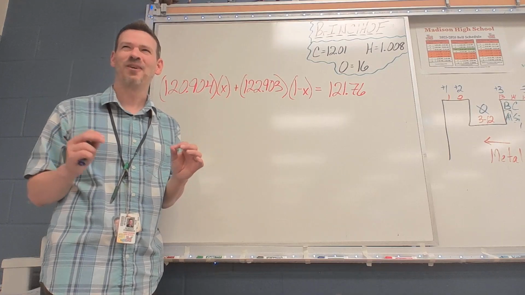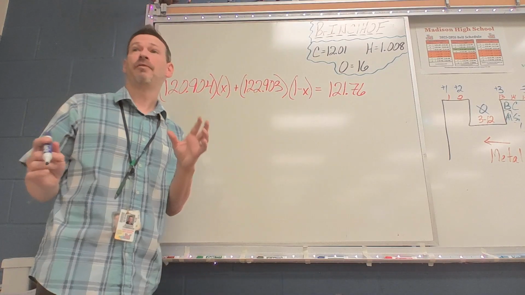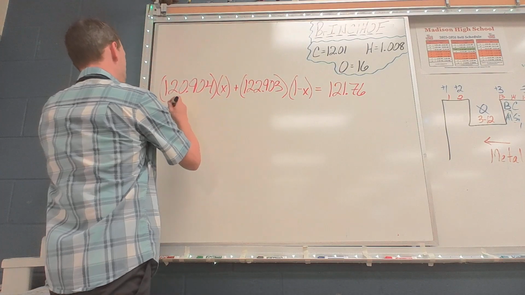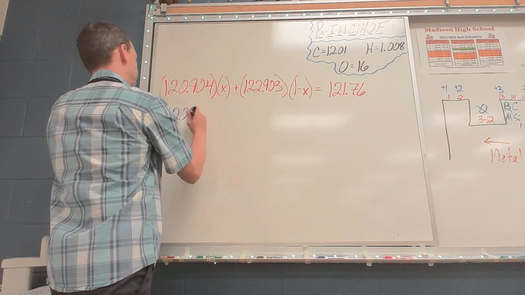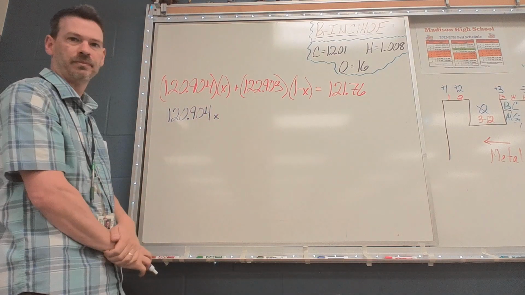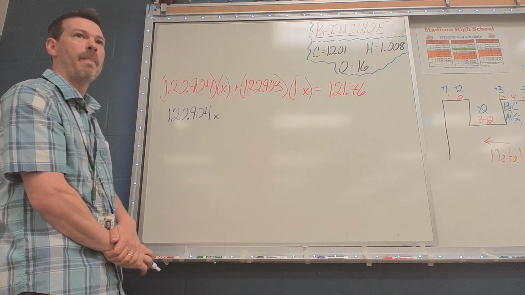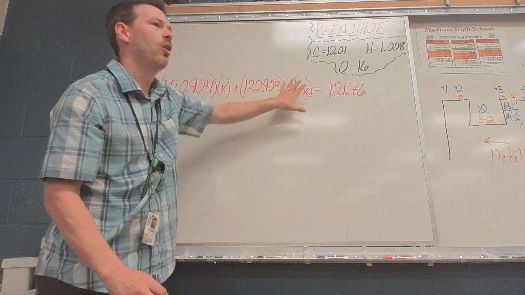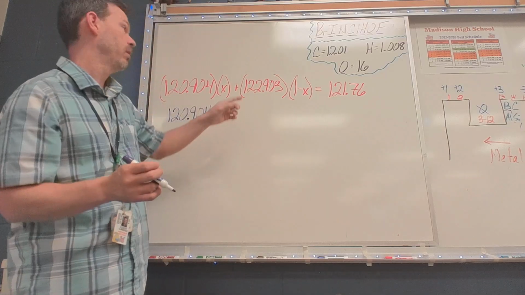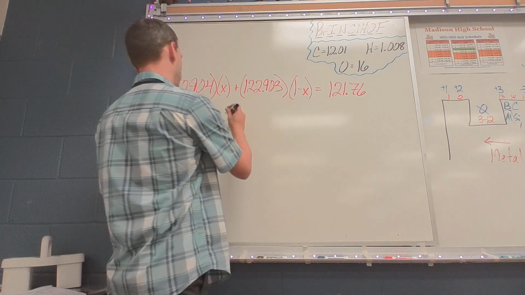The question is, can you solve for x without me? I bet you can. But let's start to simplify. Here we go. This times this is going to be the same number x. But here we have a distribution, right? Distributive property. First, this value times 1, all right?